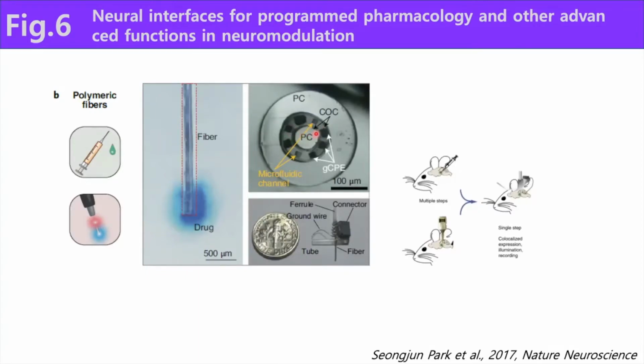The core is the optical fiber, and the cladding includes the 2 microfluidic channels, and there are 6 electrodes. So this is the whole image. We can connect the laser to the pedals, and the wire is the lead of the ground electrodes, and this tube is connected to the microfluidics, and the fiber goes through the brain.